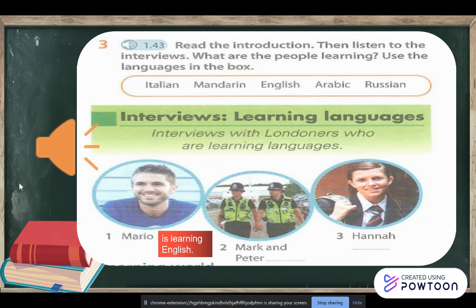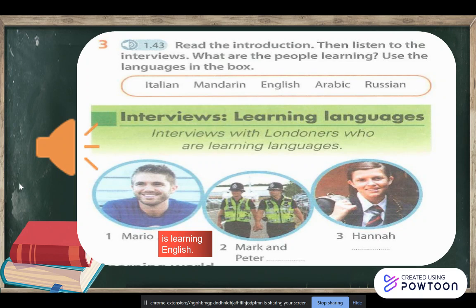Because a lot of people from different countries live in London or visit London. What are you doing now, Mark? I'm checking new vocabulary on the internet. Is Russian difficult? For me, yes. It's got different letters. Reading and writing are difficult.